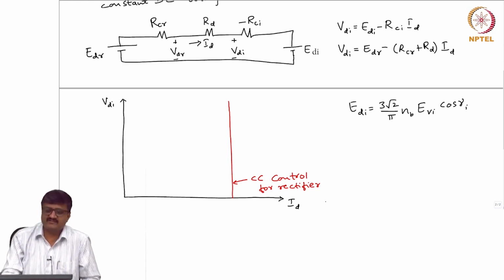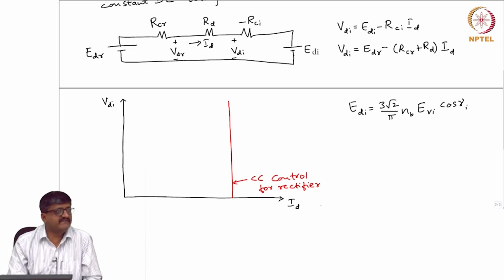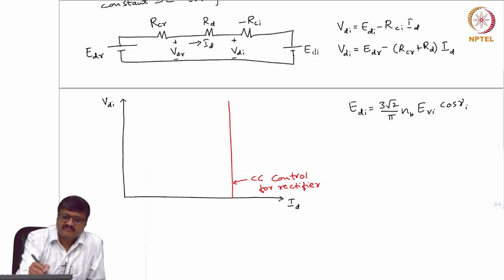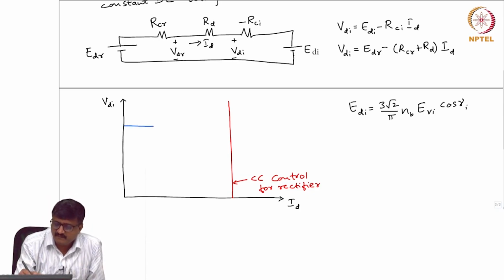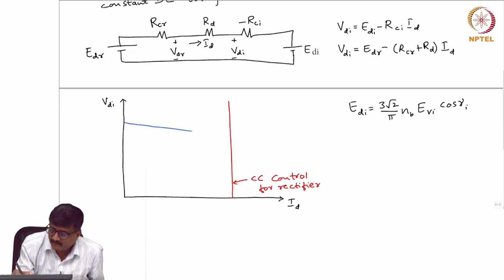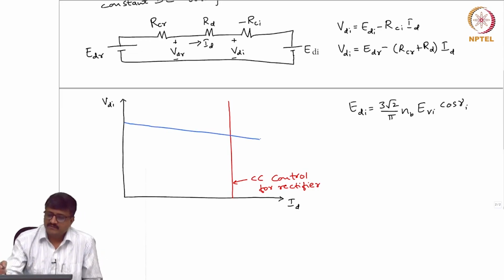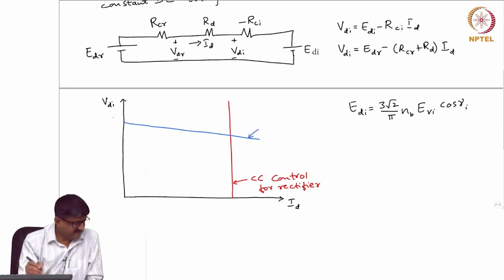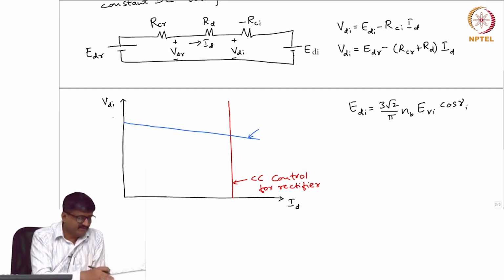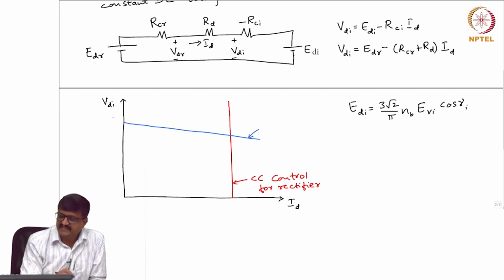If EDI is a constant, then the plot of VDI as a function of ID is a straight line with a negative slope, and it intersects the VDI axis at EDI.